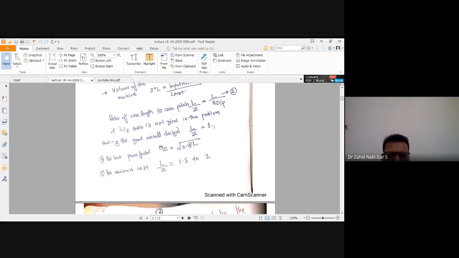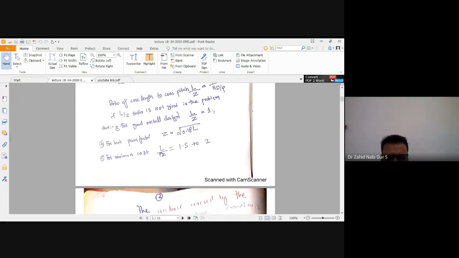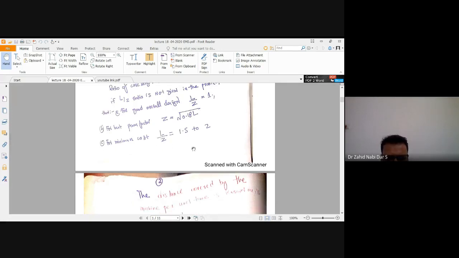If it is given as for best power factor, we assume tau is equal to under root of 0.18 L. For minimum cost, we take L by tau equal to 1.5 to 2.